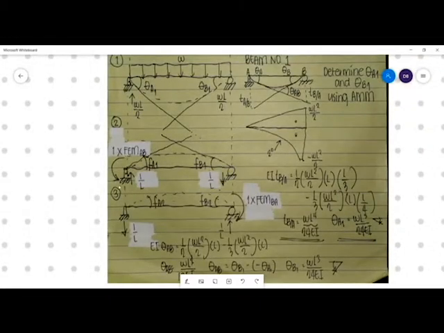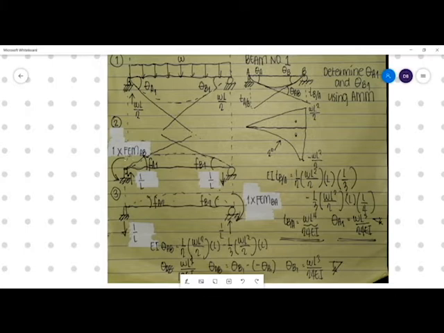So at A, we're going to put a 1 unit moment. Let's say that is kilonewton meter, and then per kilonewton meter. Later on, we're going to multiply this by FEM AB. Then we know that if the beam is acted on by the moment at A, it will also result in slope at A and at B at the same time.